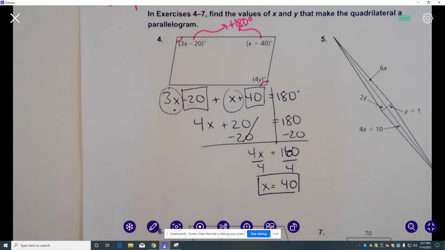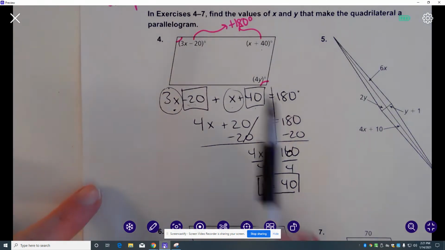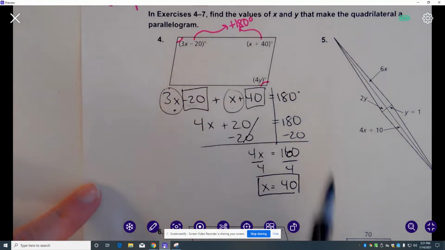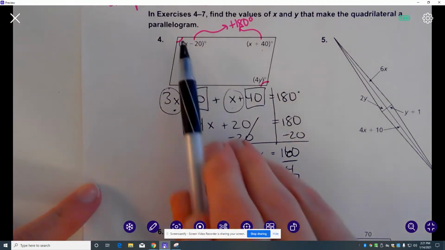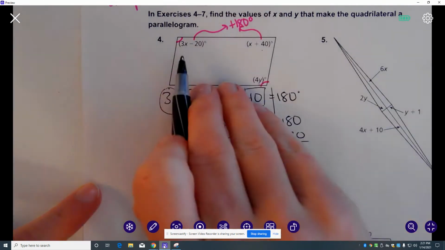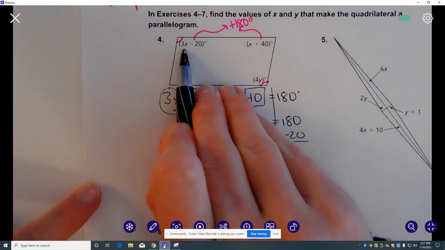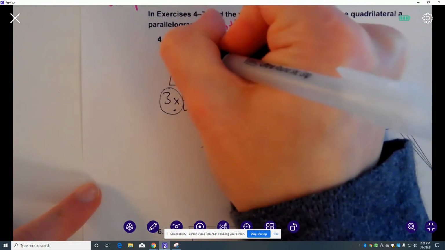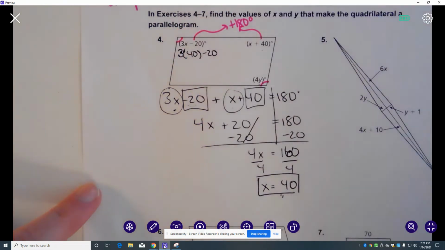So I found one of my variables. I still need to find y. Remember, I couldn't do anything with these two angles because I had two different variables. Now I know x is 40, so I can plug it in to get an angle measure for this particular angle. So 3 times 40 minus 20 will get me that angle measure.